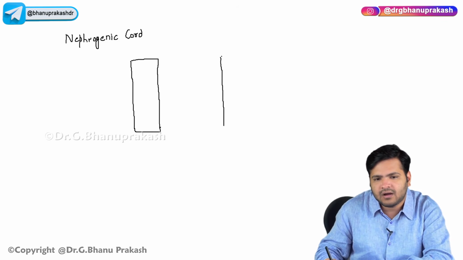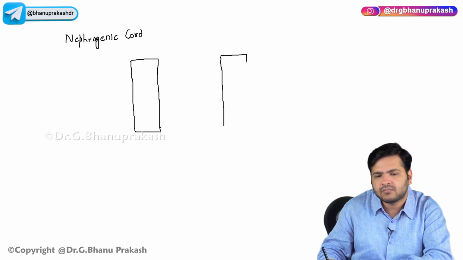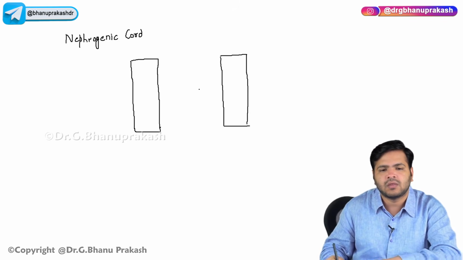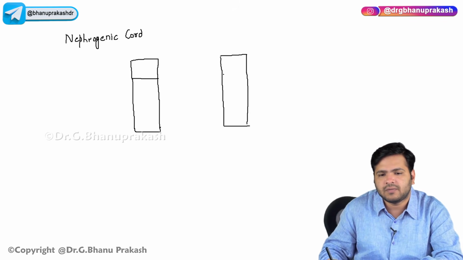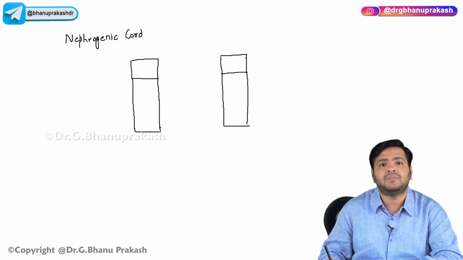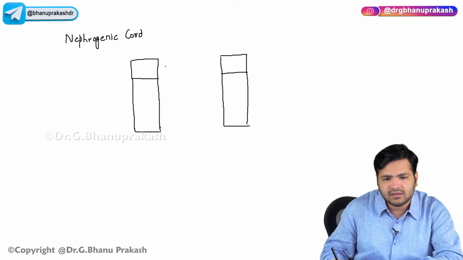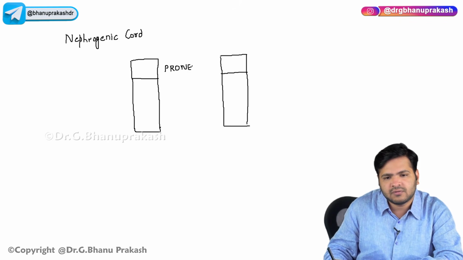We have three parts of the nephrogenic cord. The first part of the nephrogenic cord is called the pronephros.